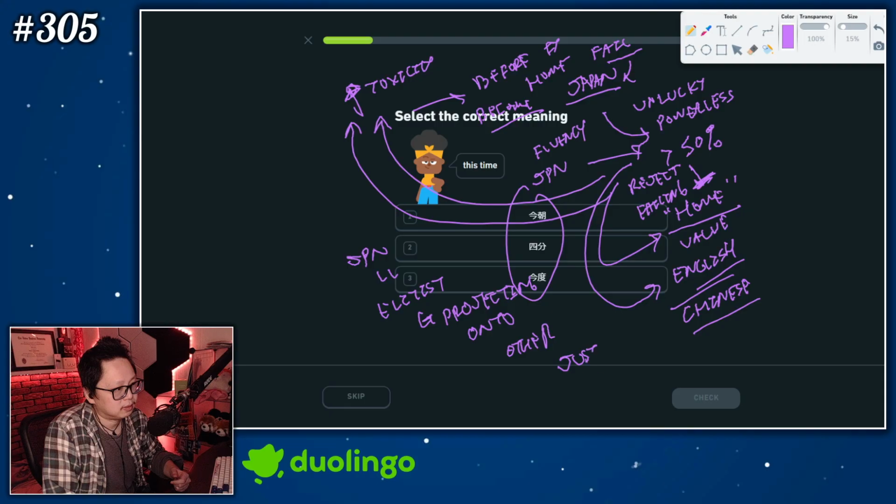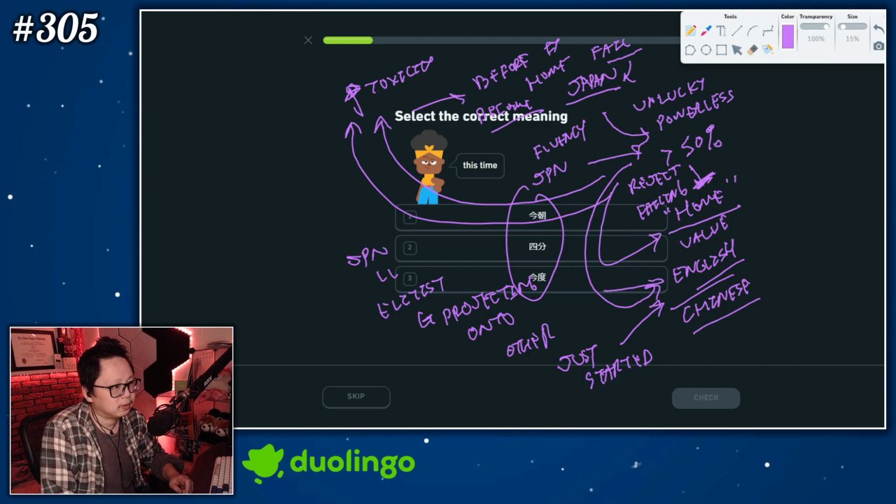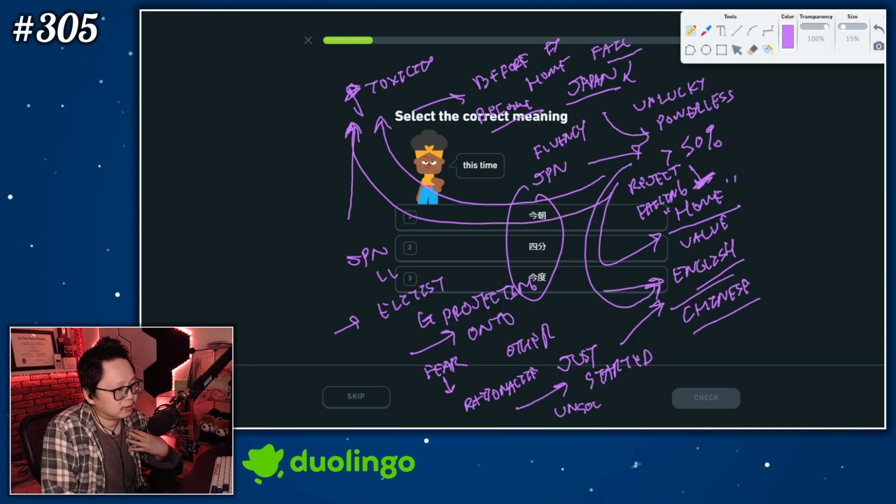Because when you just started, your highest value of your home is your native language, right? So when you see any form of projected toxicity, it's oftentimes a projection of their own frustrations or their fear. And in my opinion, this is used to rationalize providing unsolicited advice to people who just started.